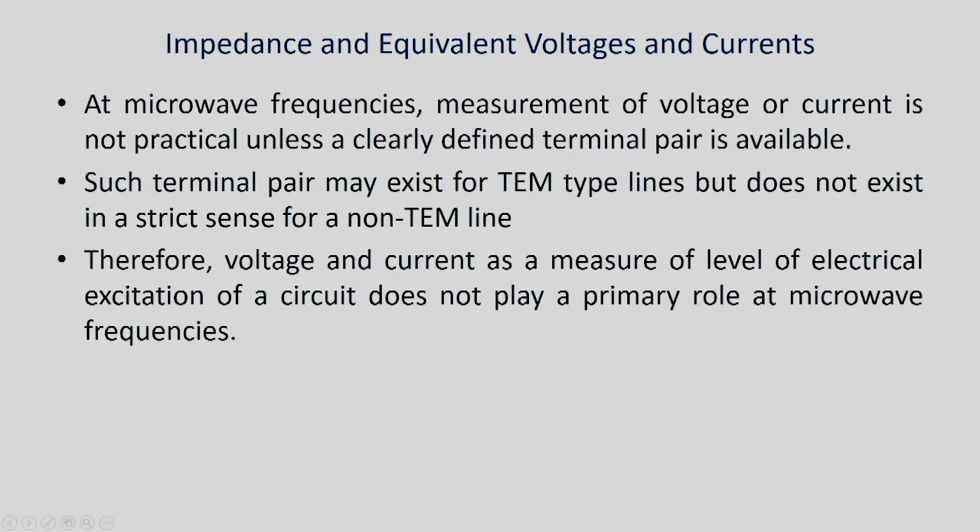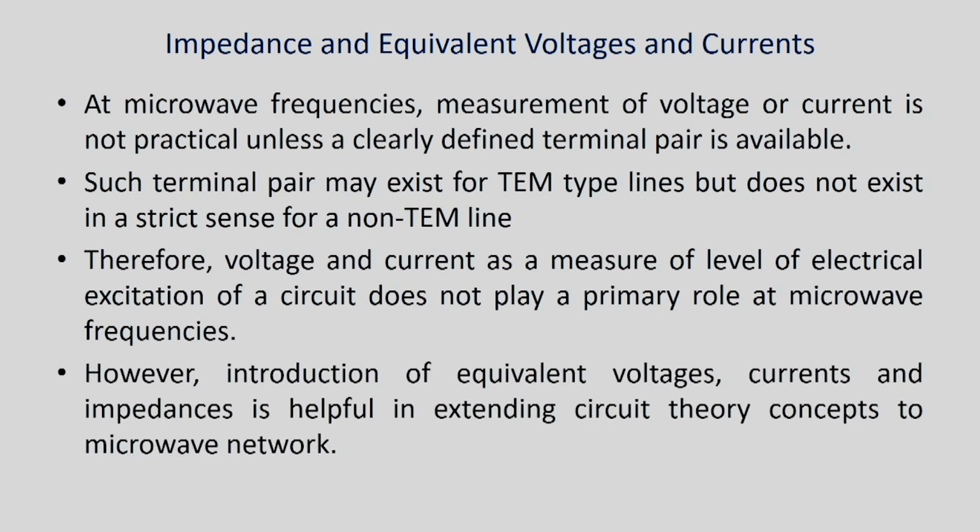And therefore, the voltage and current as a measure of the level of electrical excitation of a circuit do not play a primary role at microwave frequencies. However, we can introduce the concept of equivalent voltages, equivalent currents and impedances, which is helpful in extending the circuit theory concepts to microwave networks.